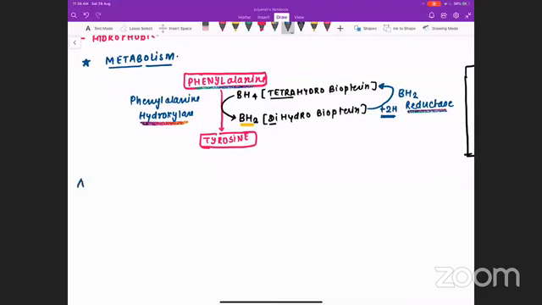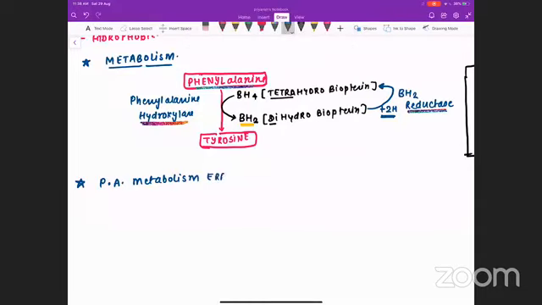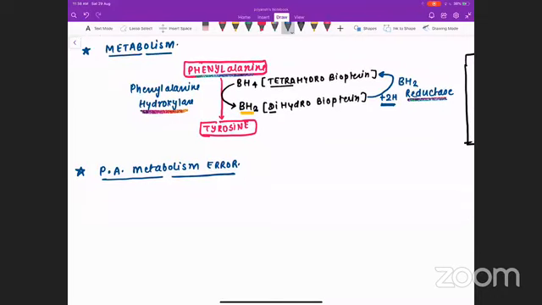But sometimes there is an error that can occur during the metabolism, that is called phenylalanine metabolism error. What is the meaning of metabolism error is, I am just writing the normal reaction that usually occurs with phenylalanine.